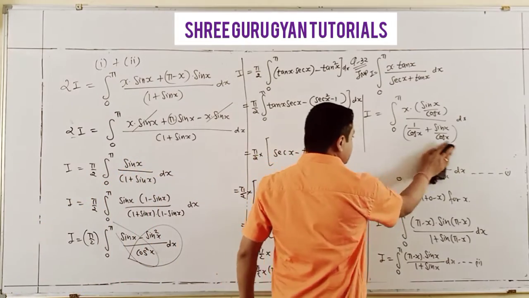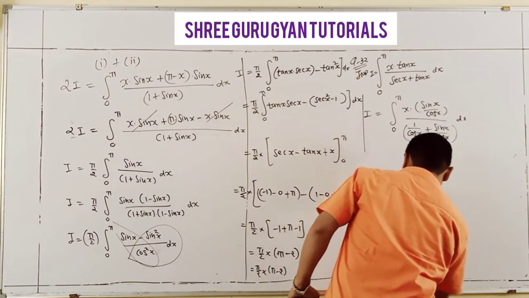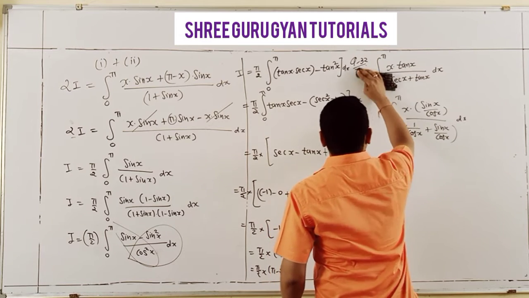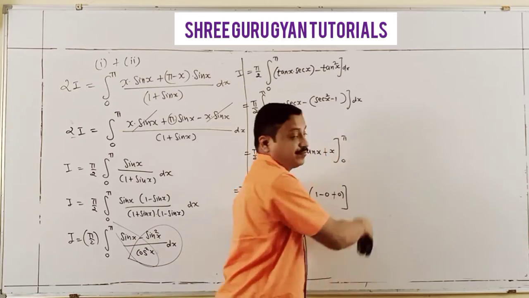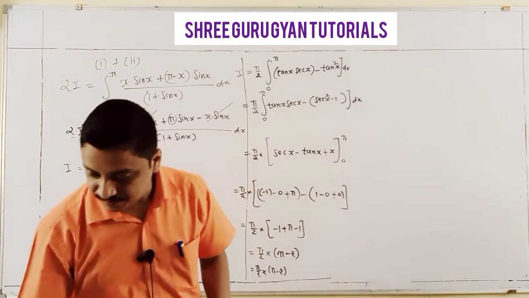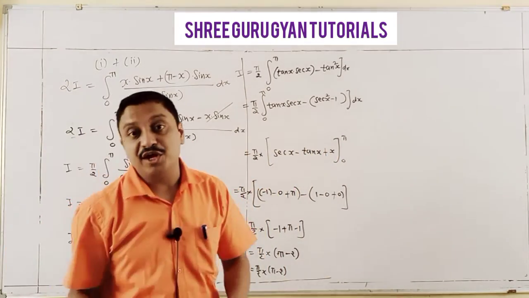Now I go to question 33. I will explain the 33 numericals one by one. 33 is a very big numerical.